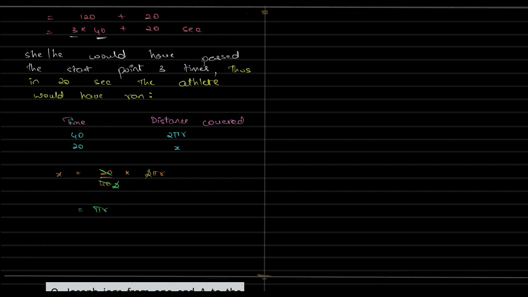So what is this value? Pi r is nothing but, sorry, half a rotation. This implies the person has run half the track, half the path. And so what is the displacement?